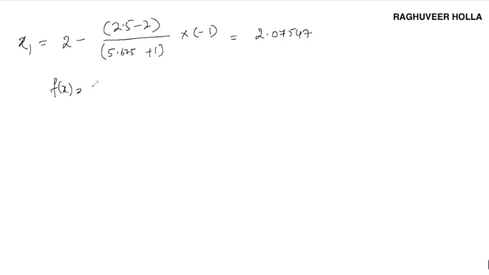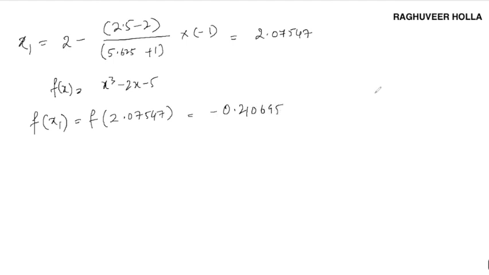Now what you got, let us check the sign of this by substituting in the given equation. f of x is x cube minus 2x minus 5, that is f of x1, or f of 2.07547. Please calculate this and tell me the sign. So while solving this, we get negative 0.21065, which is less than 0.